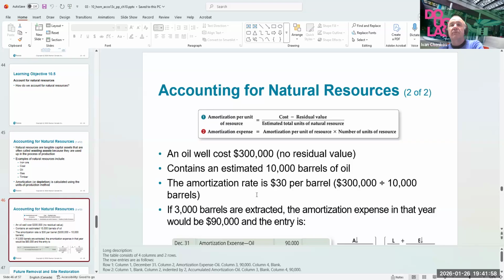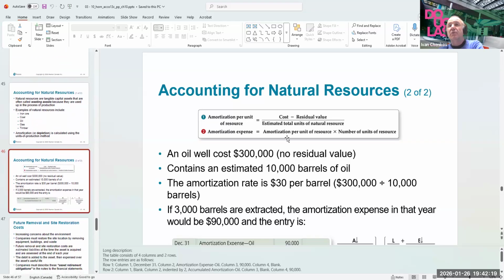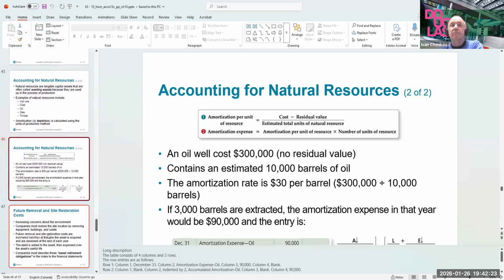What that means is for every barrel that we extract, we have to amortize $30 per barrel. So if 3,000 barrels are extracted, we show amortization expense for that year of $90,000. That keeps going until we take out all the oil.